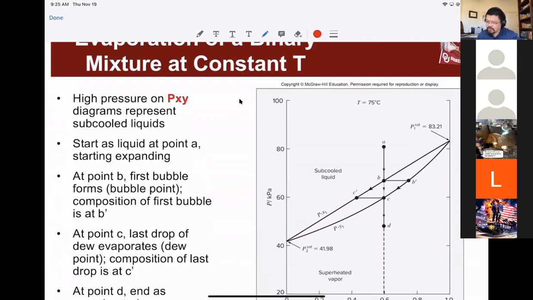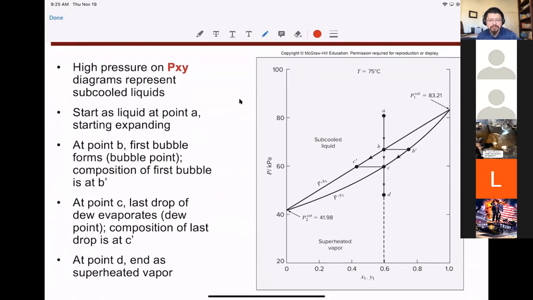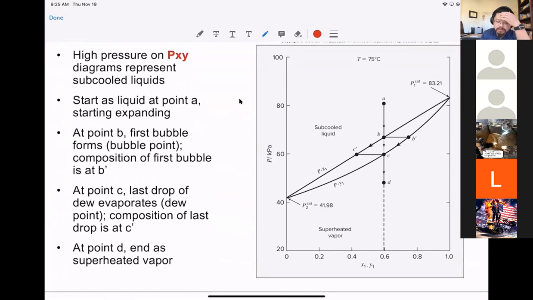So on the other side, if we try to use the pressure as the parameter, then we need to understand what would be the temperature for the discussion. So this is the curve, pressure as a function of x and y. And still the first task would be to identify where is the liquid region.